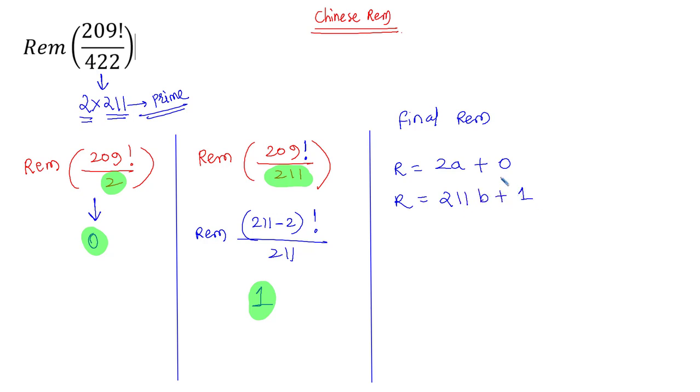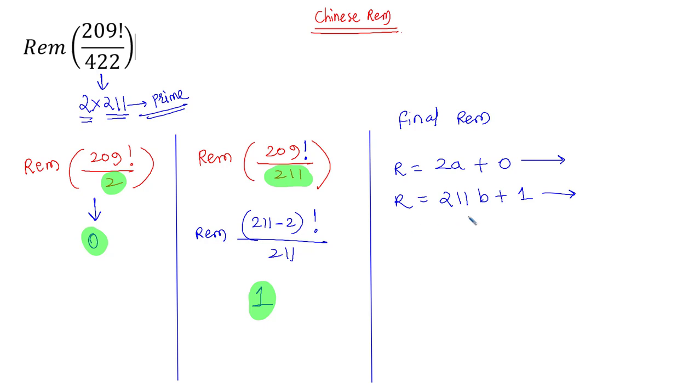The final remainder is 2a plus 0, and also 211b plus 1. The first condition says that the final remainder has to be an even number, and the second condition says it should be in the form of 211b plus 1.